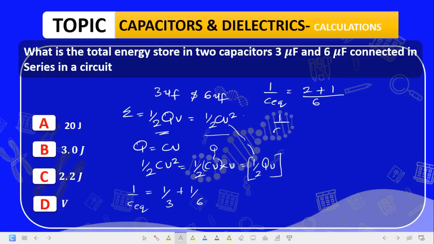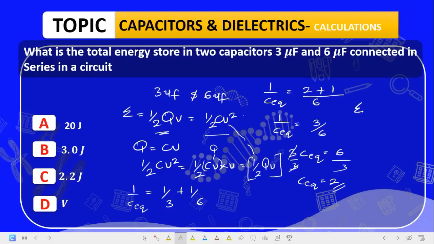And this becomes 1 over CEQ equals 2 plus 1 is 3, all over 6. Then 3 CEQ is equal to 6. Divide both sides by 3. Your CEQ is 6 divided by 3, which is 2.